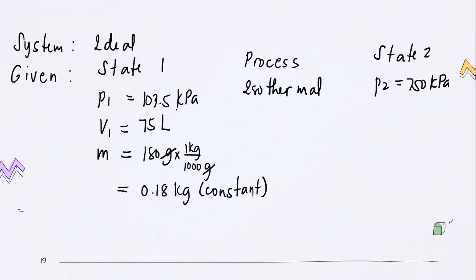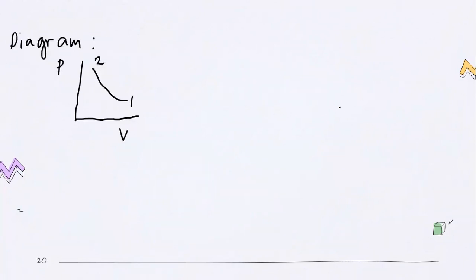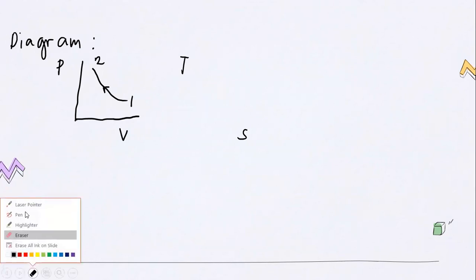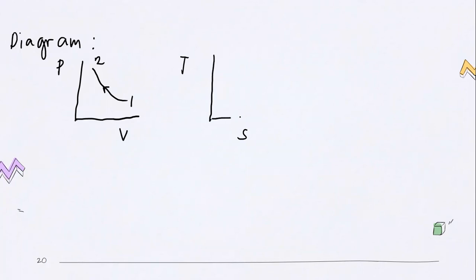Because your P1 increases, but your volume, as the pressure increases, the volume decreases. Then TS plane, temperature, entropy. TS plane. As the entropy decreases, the temperature remains constant.